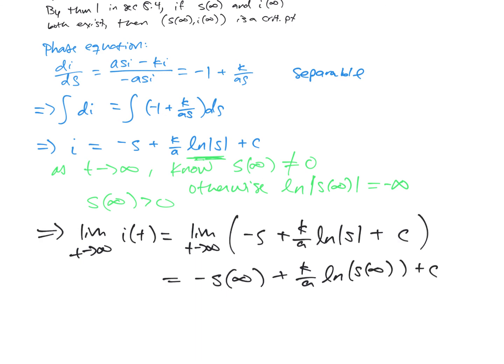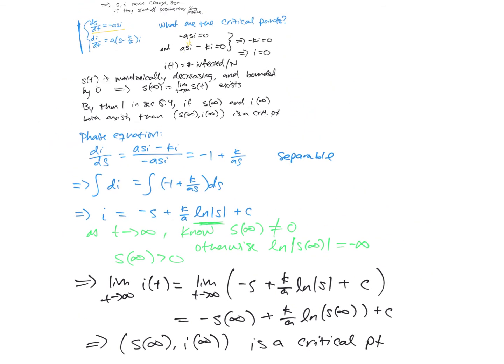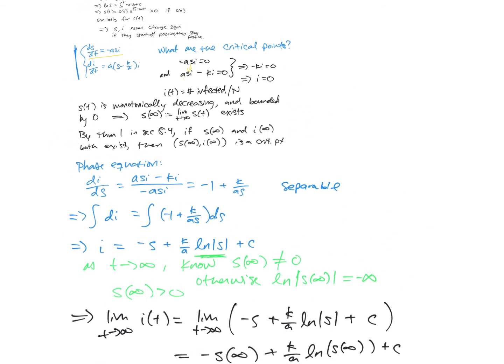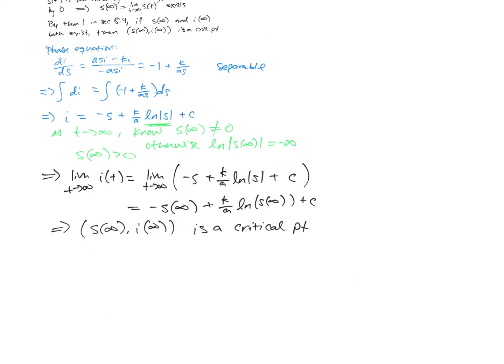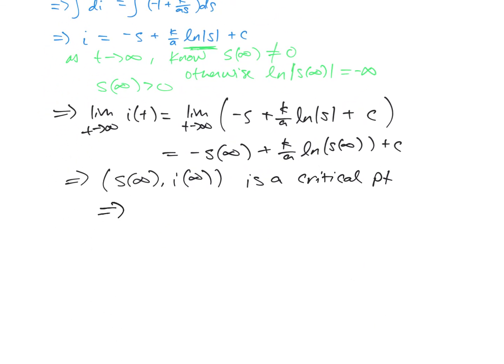So that exists. And so therefore, S infinity and I infinity is a critical point. But we already talked about on critical points that we have to have I equals 0 in order to be a critical point. So therefore, we also get that I infinity equals 0. So as time goes on, you'll get some limit on the number of susceptible people, and the number of infected people will go down to 0 eventually.